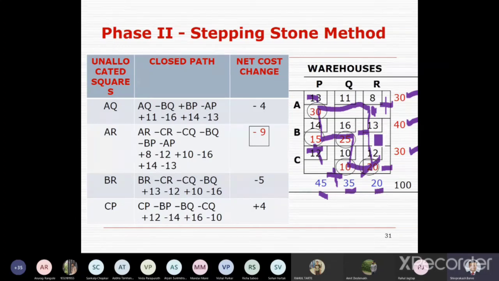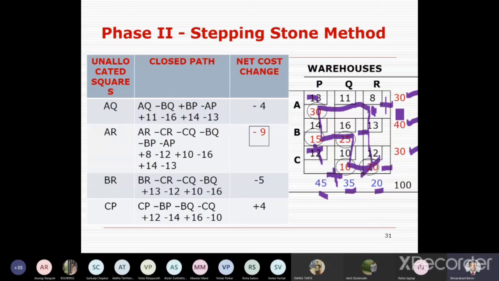So here at 13, no allocation is there, so I can continue up to an allocated cell. So 20 is an allocated cell, and I can change direction from here. Now from CQ there is no scope to go to CP, so I have to go up wherever allocated cells are. And like this, I have to come back to my original cell, and this will become a closed loop.